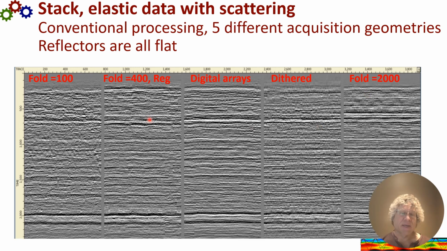Now in the middle 3 cases, with similar folds, you can see they're about similar signal quality. And on the far left, with 20 meter receiver spacing, well, the image quality is worse.